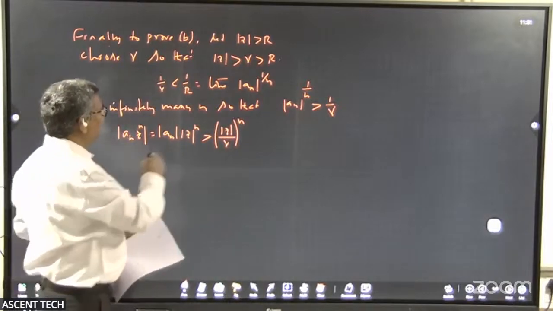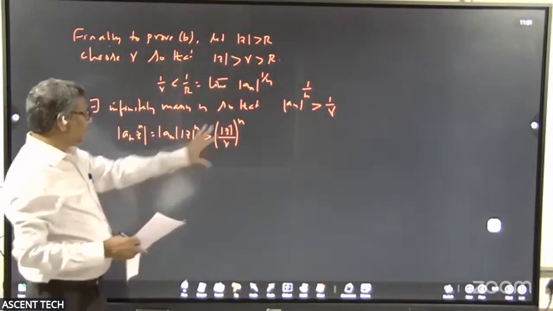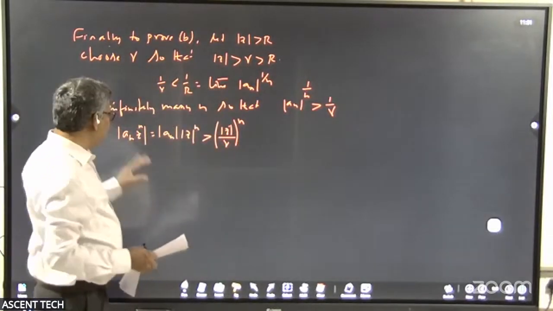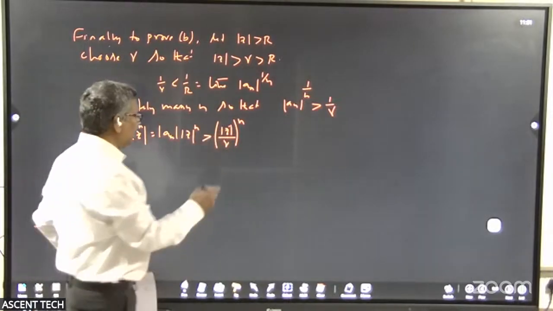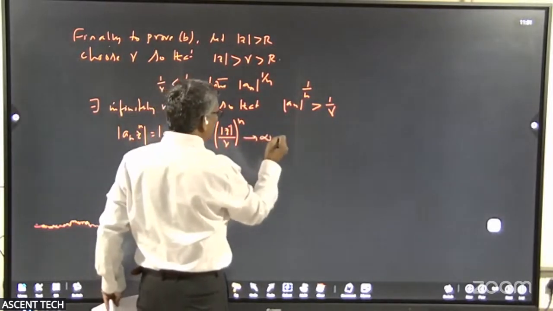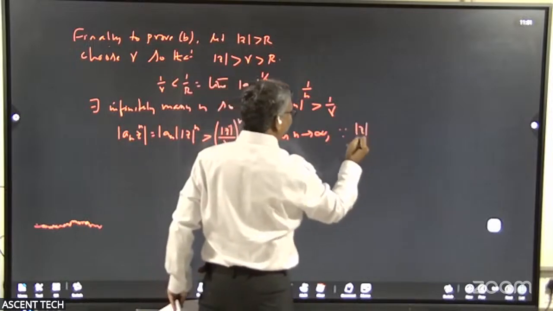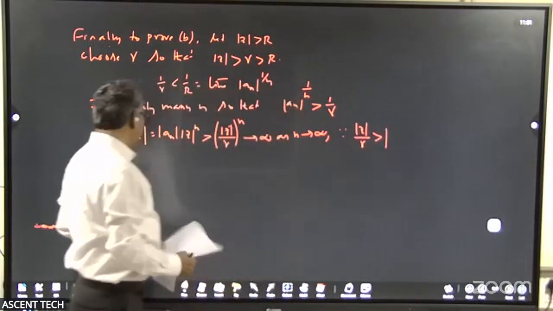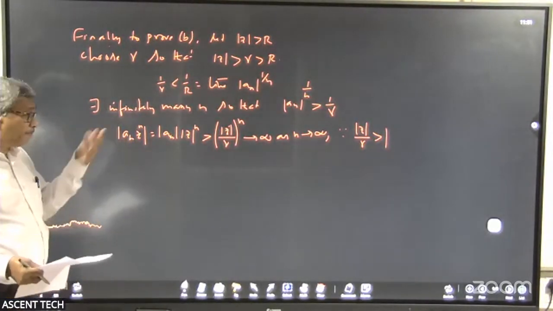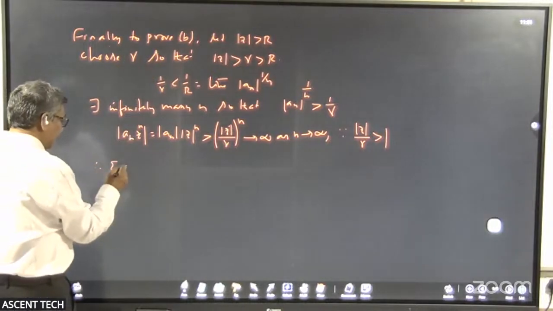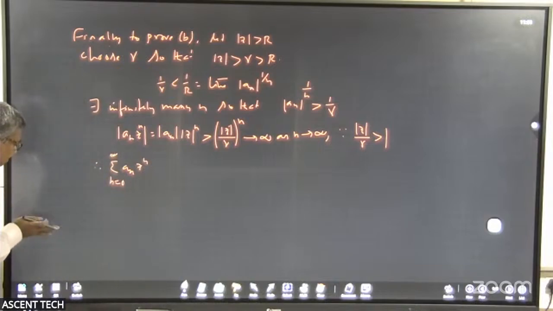But mod z by r is greater than 1. And so this summation is going to be divergent, dominated by infinitely many of those terms which are tending to infinity. Why? Since mod z by r is greater than 1. This series cannot converge; terms are becoming infinite. Therefore, sigma an z raised to n, for n equal to 0 to infinity, diverges.